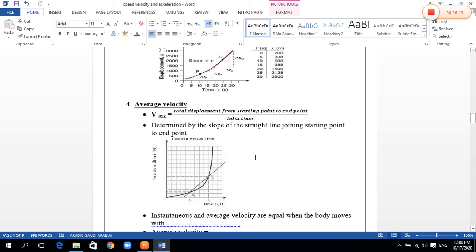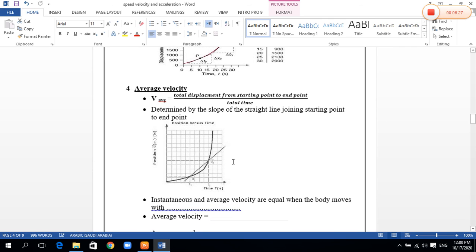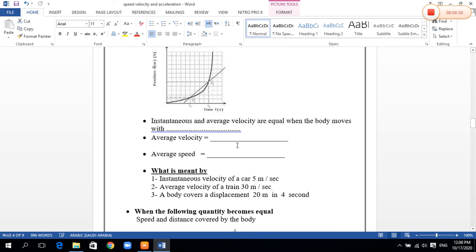So the difference between instantaneous velocity and average velocity: the average velocity is the mean velocity during the whole motion, but the instantaneous velocity is the velocity of the body at a certain moment. Okay, great.